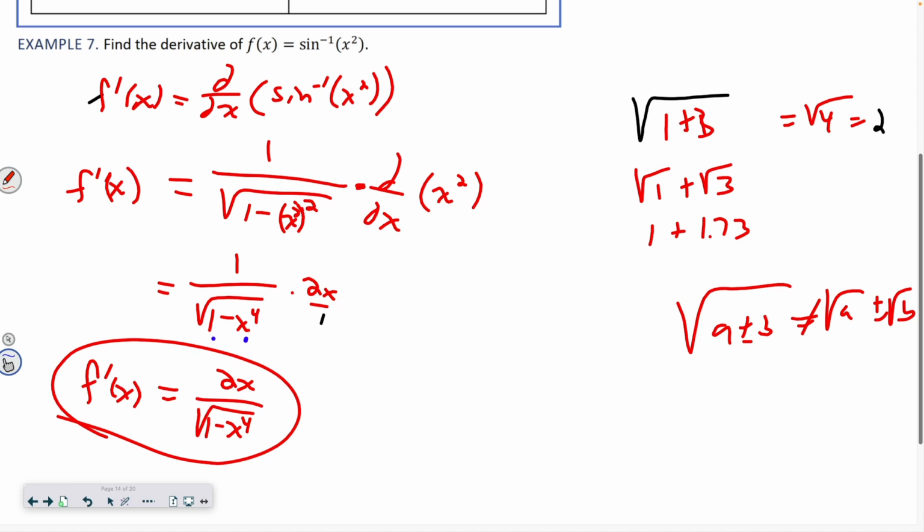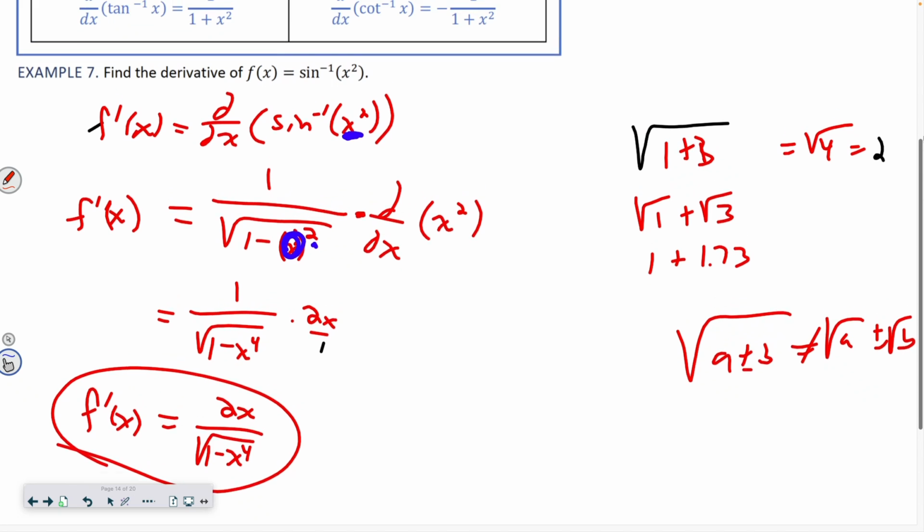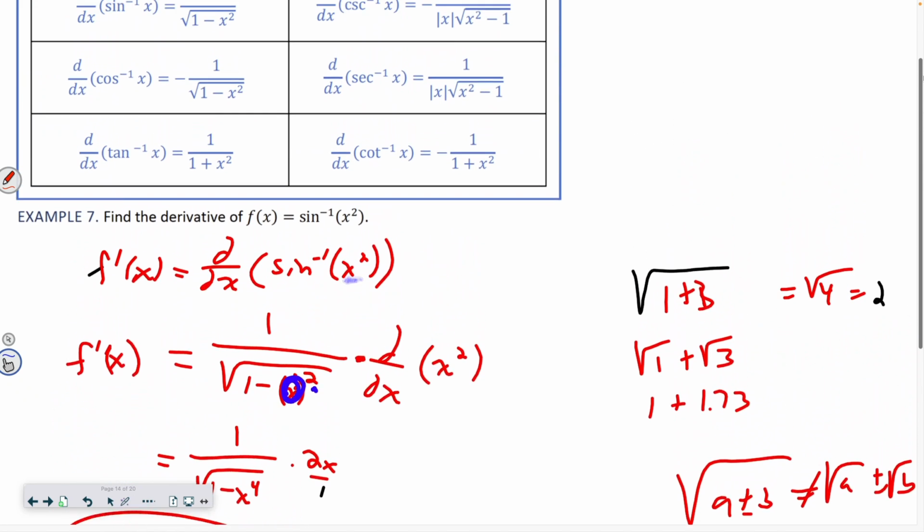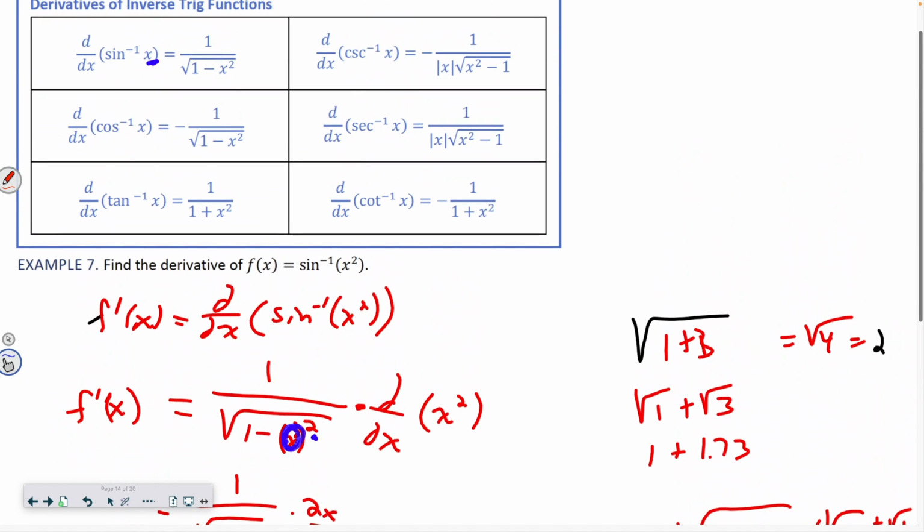No, I'm saying, why does this one just spawn? It's from the derivative of the inverse sine. So here's x squared, right? That x squared is this piece, not this one. This comes from the formula that the sine of whatever you've got, that thing gets squared inside the radical here.